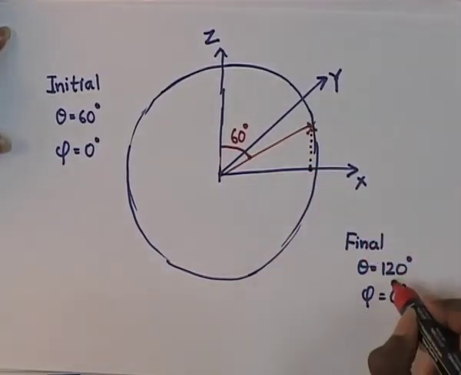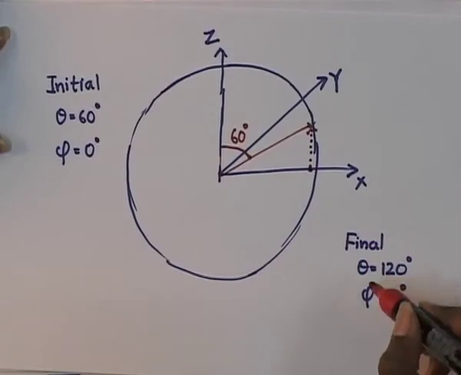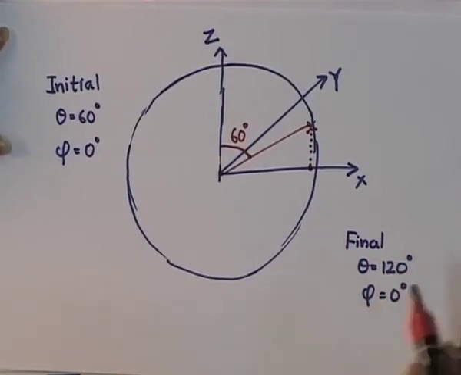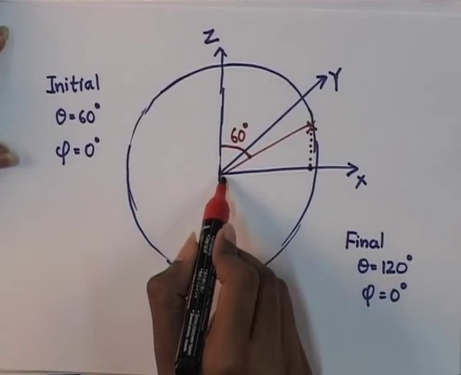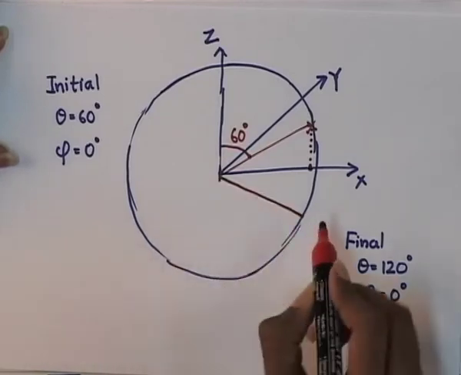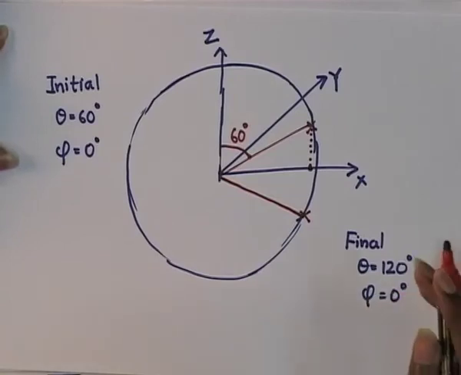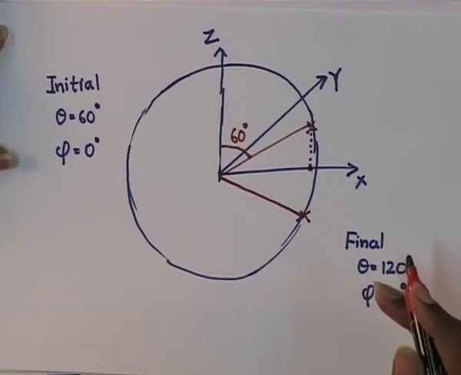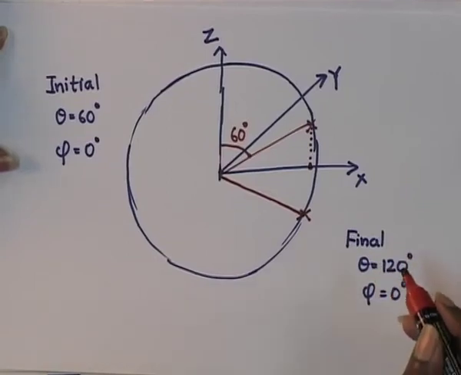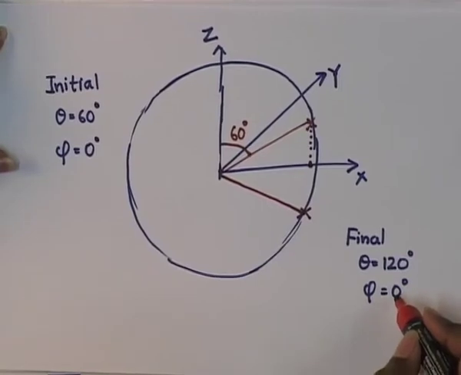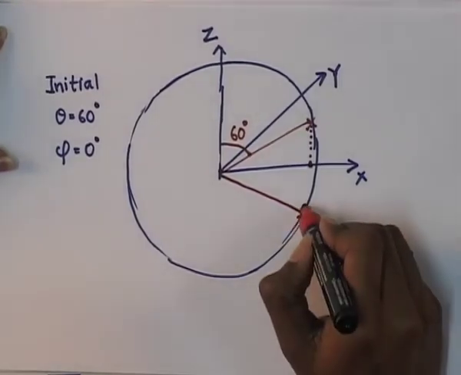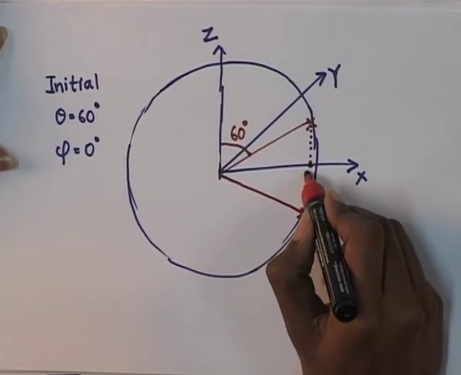In the final state, the angle made by the quantum state with z axis is 120 degrees. And the angle made by its projection onto the equatorial plane, the plane containing xy axis, is 0 degrees. So its projection is exactly on x axis.